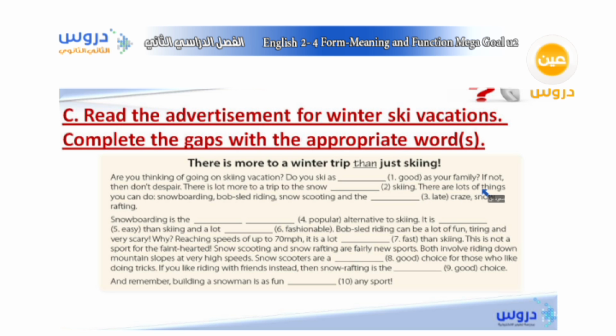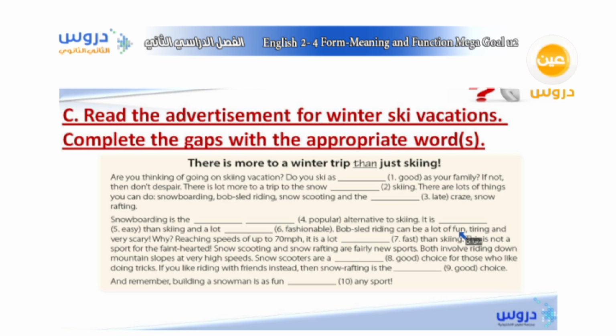than skiing. There are lots of things you can do: snowboarding, bobsled riding, snow scooting, and the latest, crazy snow rafting. Snowboarding is the most popular alternative to skiing. It is easier than skiing and a lot more fashionable.